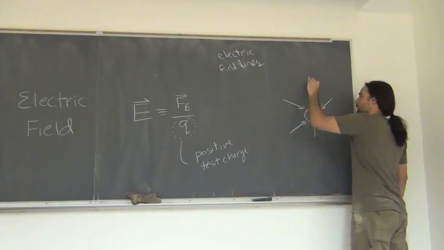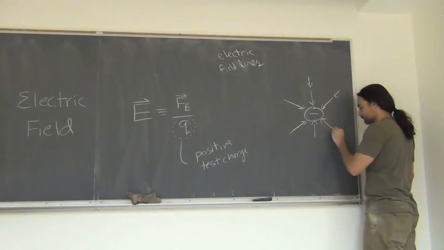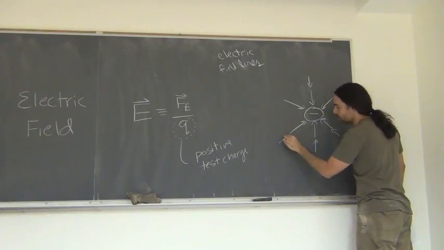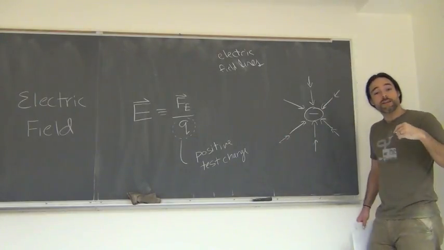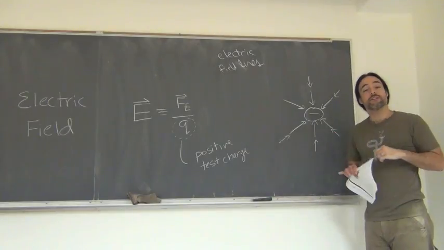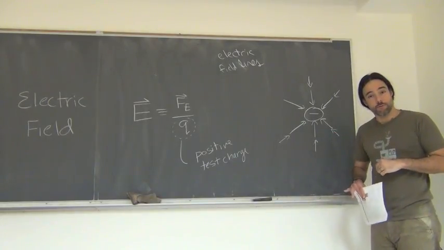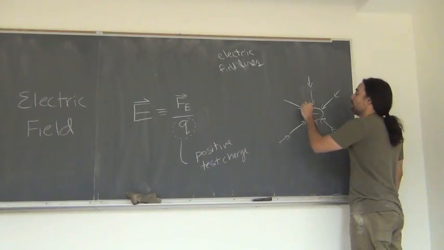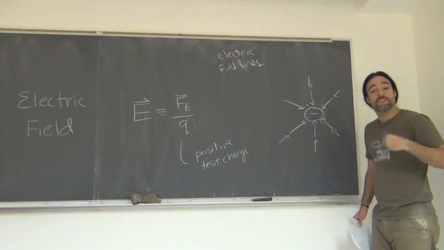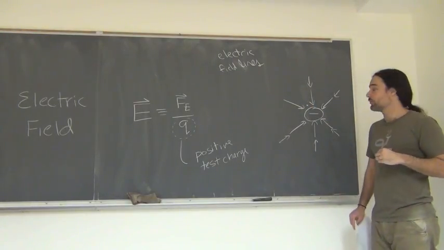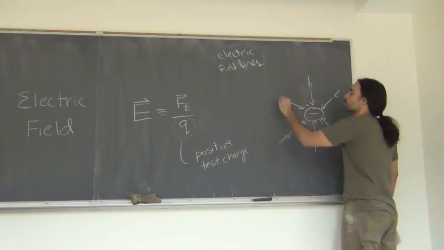We can draw our electric field like this. And every point in space that I put some positive test charge, I am going to get a different force. So if I put my positive test charge right there, I'm going to get a fairly large force because I'm pretty close to the negative charge.